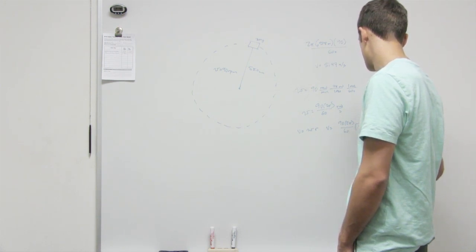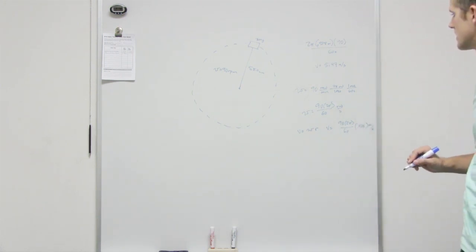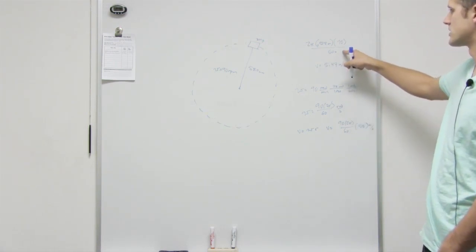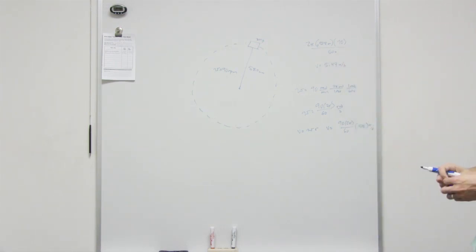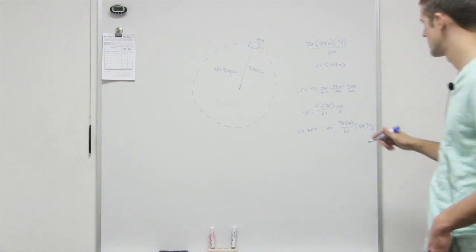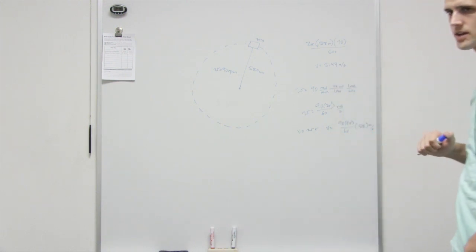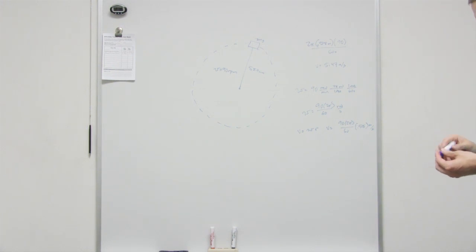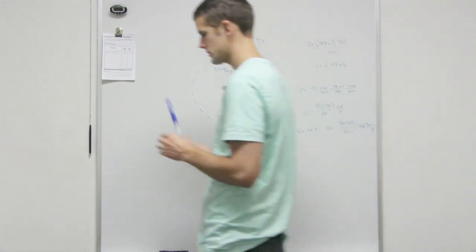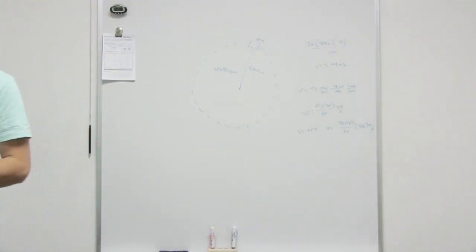And that'll be in meters per second, and this is the same exact thing as that. So your velocity is 5.47 meters per second. That's what I put for speed, it's the velocity.